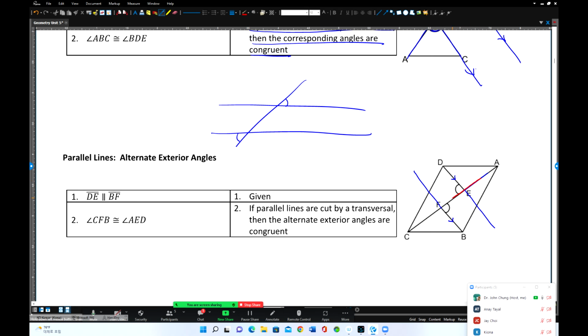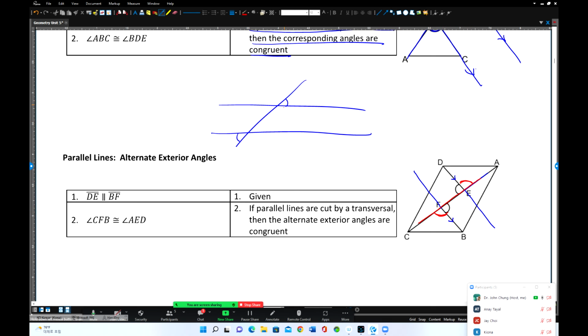That is the transversal. Angle CFB, this angle, and angle AED, not this one. CFB, this angle, and the other, AED. This is an exterior angle, right? This is also sometimes useful.